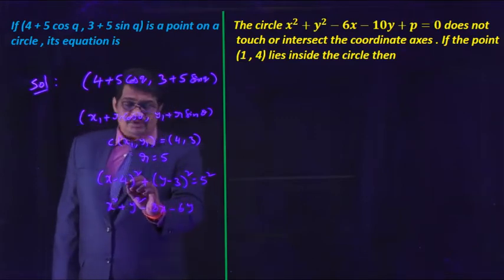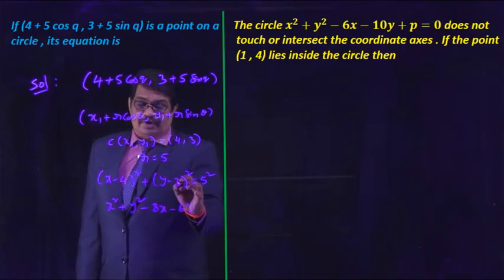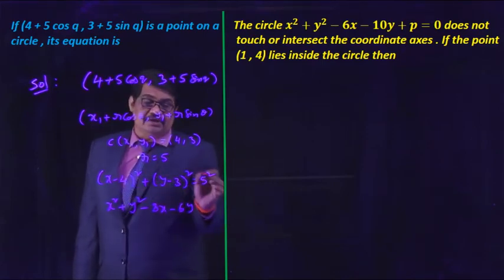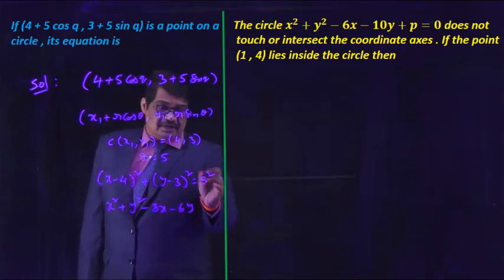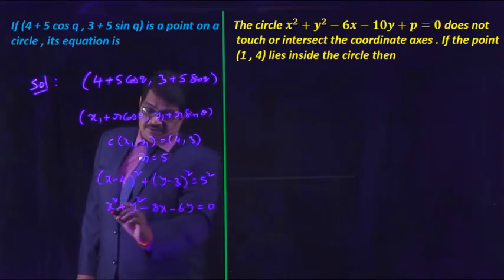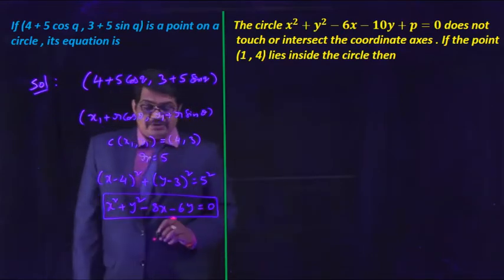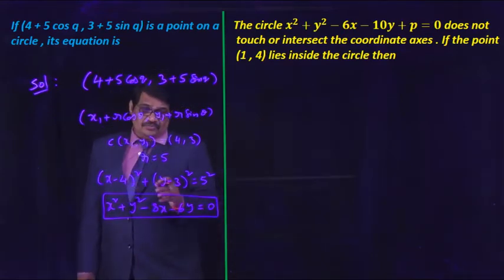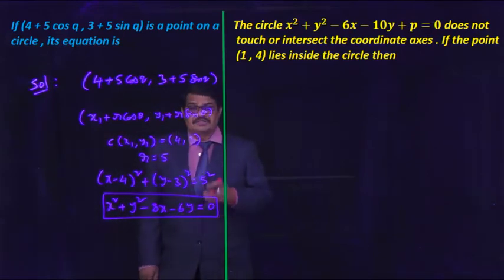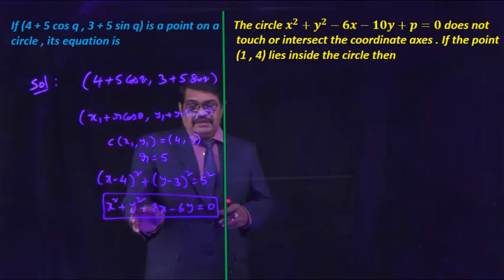Here this is 4 square, 16, and this is 3 square, 9. 9 plus 16 is 25. The RHS is also 25. That will be cancelled. The remaining equation is x square plus y square minus 8x minus 6y is equal to 0. This is the required equation of the circle.